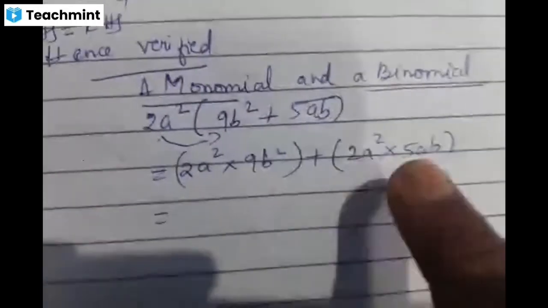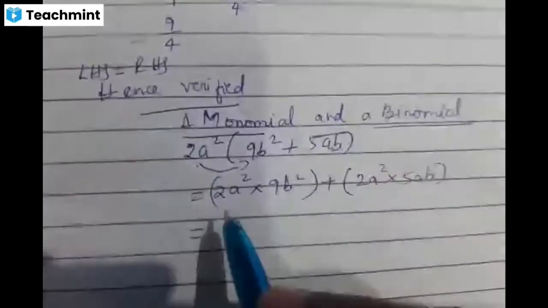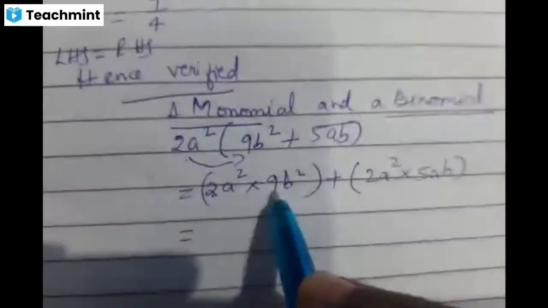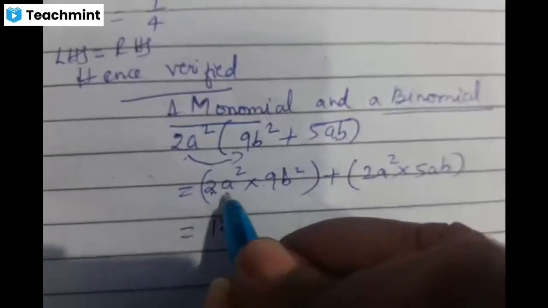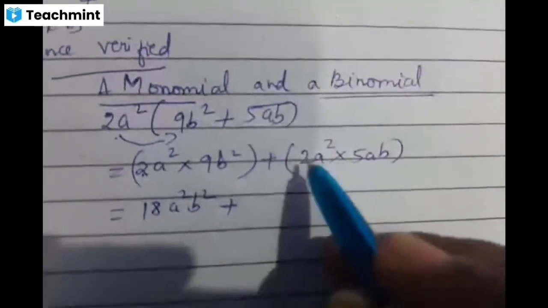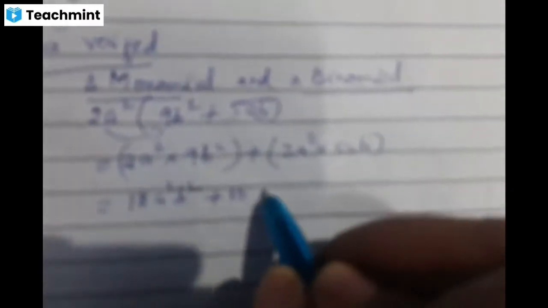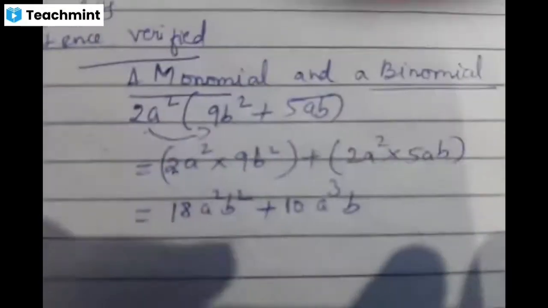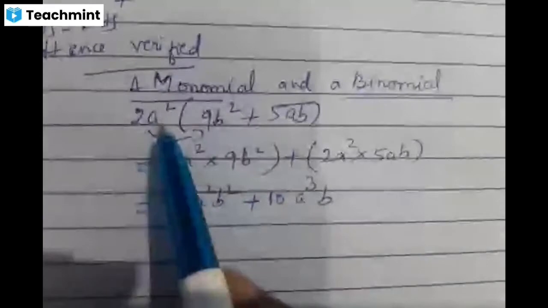Monomial with a monomial. We know how to group them. 9 twos are 18, a square into b square, which is a square b square, plus as it is. Here you have constants. Multiply them first. 2 fives are 10, a square into a, which is a cube, b as it is. So in this way, we are going to multiply the given monomial with a binomial.